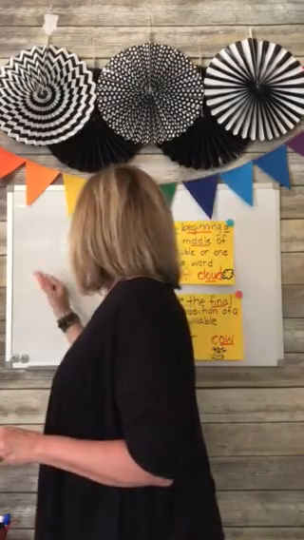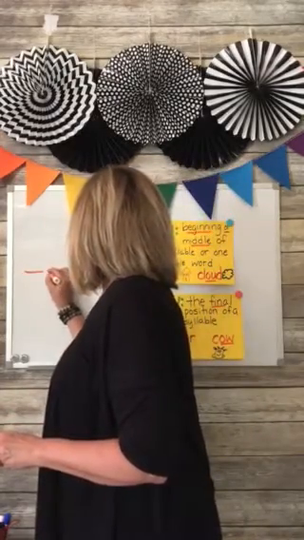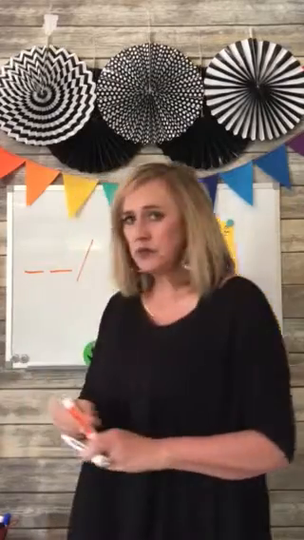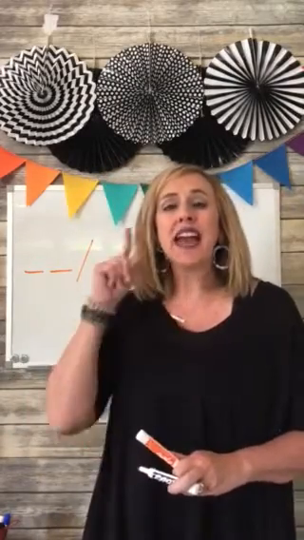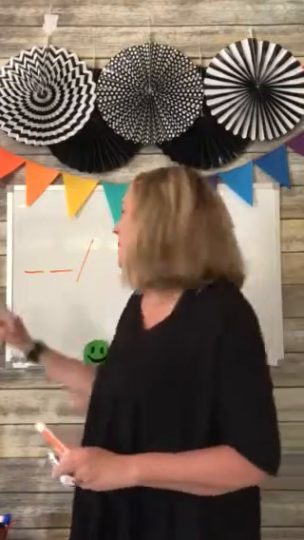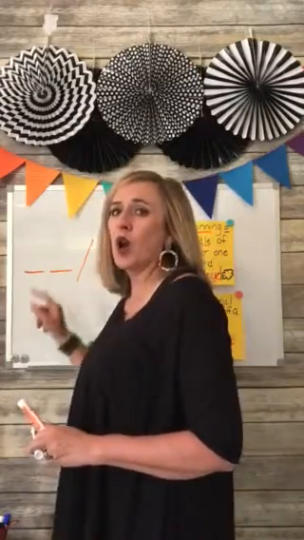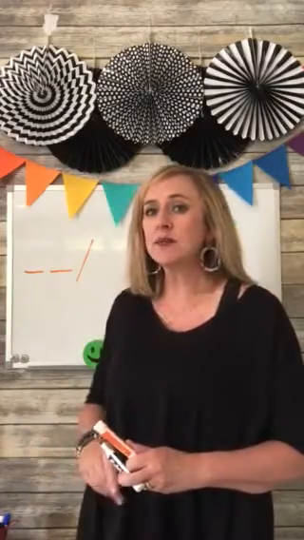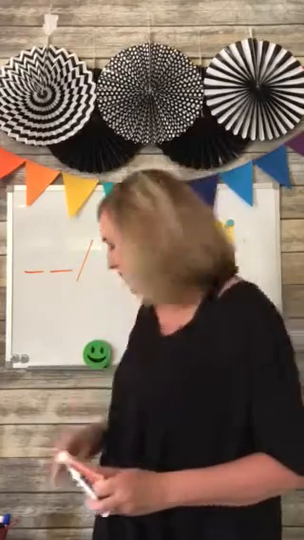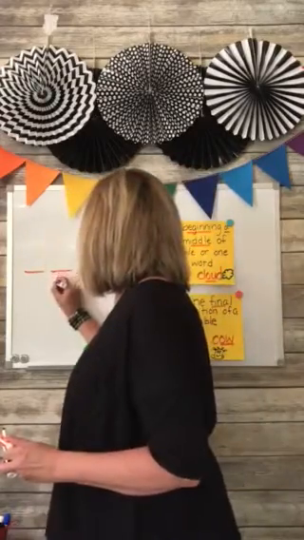Power. Syllable one is pow. P, ow. There are two sounds in that first syllable. P, ow. Let's listen for where we hear the ow sound in that syllable. P, ow. Where do we hear the ow sound in that syllable? Yes, we do. We hear it at the end of the syllable.